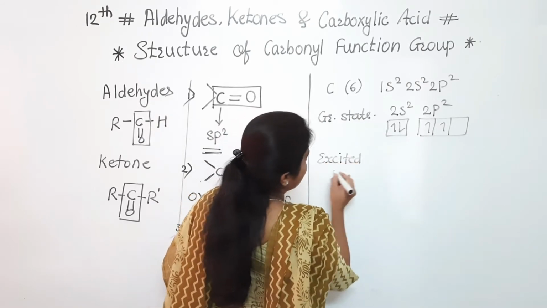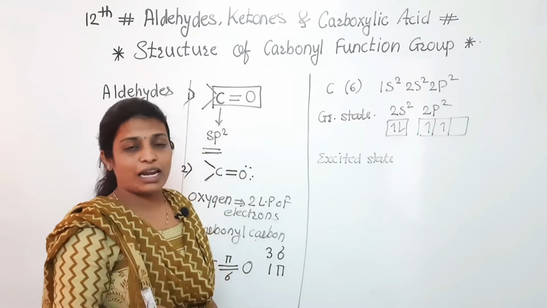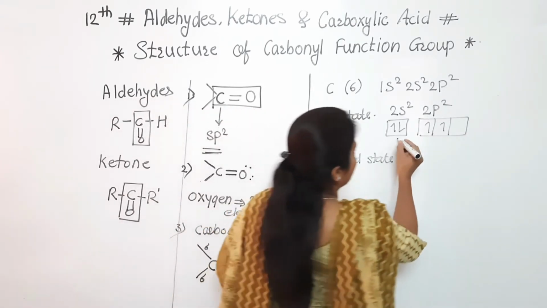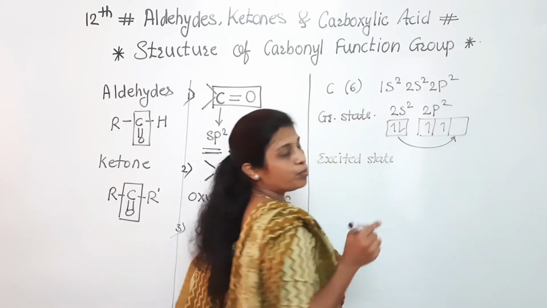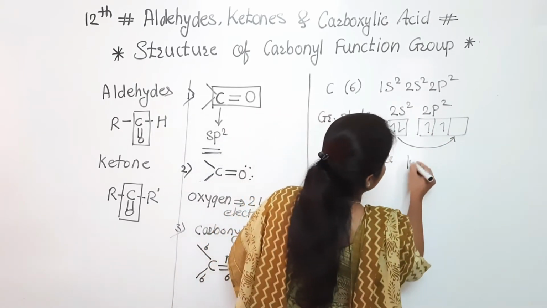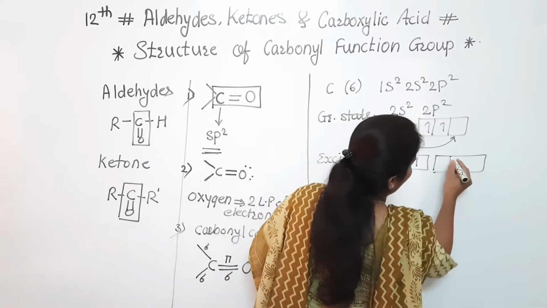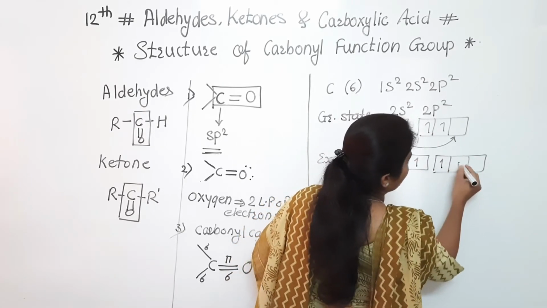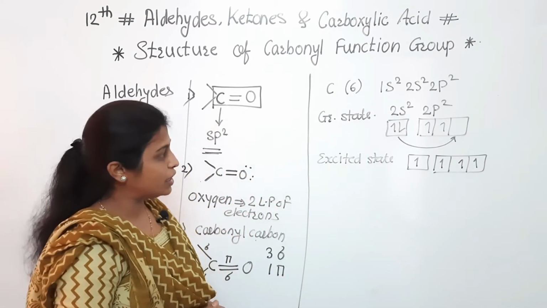Carbon always forms four bonds because the valency of carbon is 4. So one electron migrates from 2s to 2p. The excited state will be one electron in 2s and the other electron shifted to a 2p orbital, so each orbital carries a single electron. Clear to everyone?